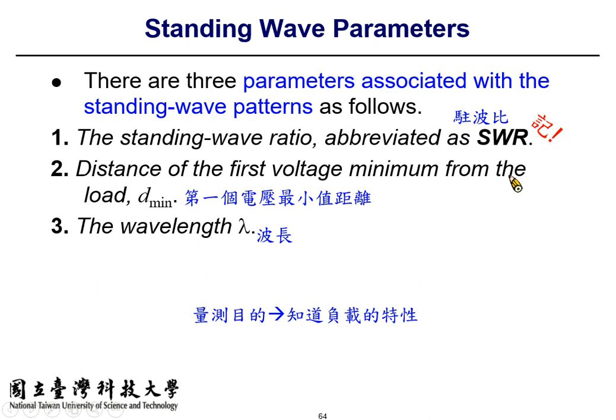I guess it's something like this, right? So if gamma equals 1, which means total reflection, then it will blow up to infinity.